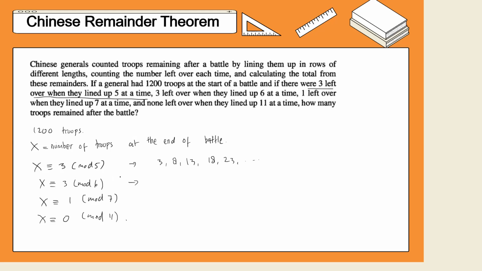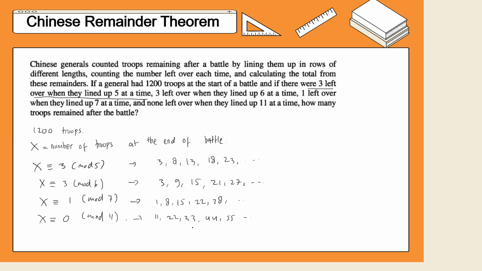And for this one, X is congruent to 3 modulo 6 is the same as 3, 9, 15, then 21, 27, etc. And then for this one, 1, 8, 15, 22, 28, etc. And this one is 11, 22, 33, 44, 55.